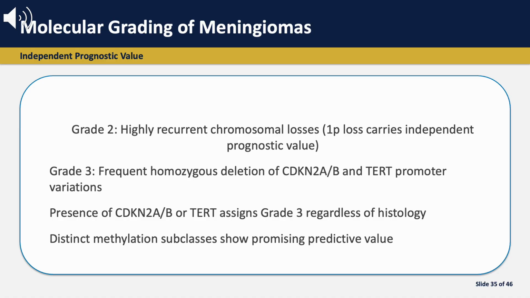In addition to these changes, grade 3 tumors show frequent homozygous deletion of CDKN2A/B and TERT promoter variations. The presence of either or both of these events strongly correlates with grade 3 behavior, and formal assignment of WHO grade 3 may now be made in the absence of convincing histologic features.